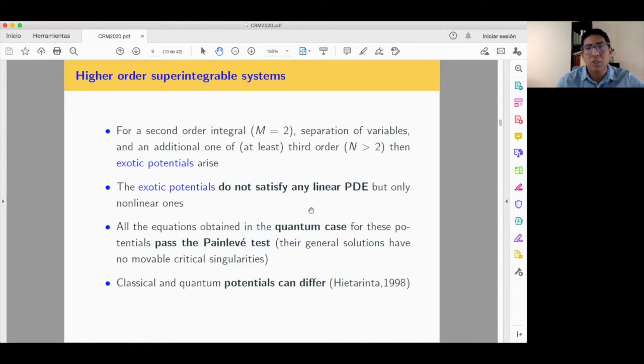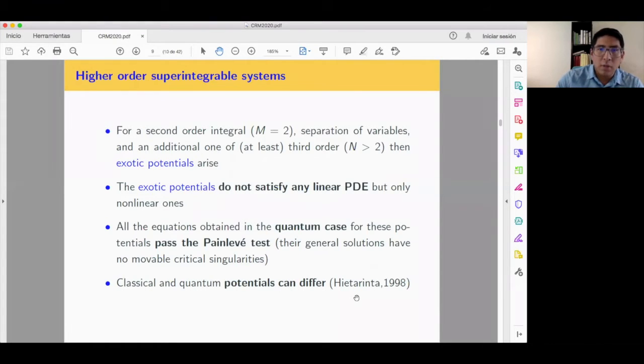Well, exotic potentials, by definition, we will see, do not satisfy any linear partial differential equation, but only nonlinear ones. In the quantum case, the equations for the potentials will pass the Painlevé test, so it's a conjecture. And more importantly, now, if one of the integrals is of order larger than 2, classical and quantum potentials can differ. This is another difference with second order superintegrable systems.